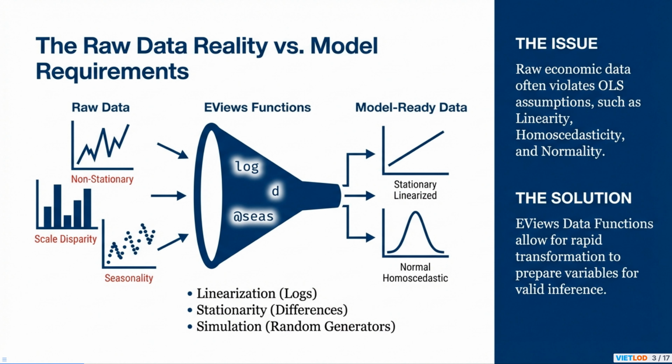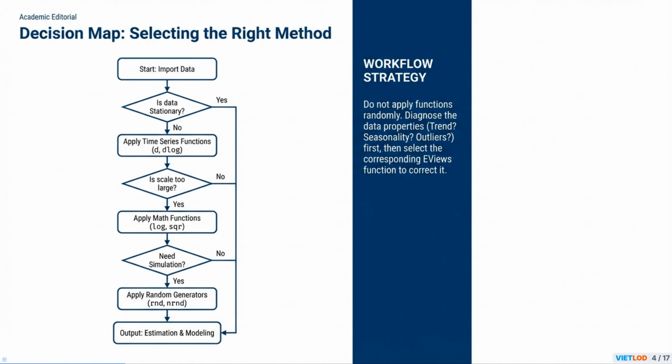Functions like log for linearization, d for differencing to achieve stationarity, and @cs for seasonal adjustment allow us to rapidly transform this raw data. The goal is to produce model-ready data, which is stationary, linearized, and exhibits normal homoskedastic properties, enabling valid and reliable statistical inference.